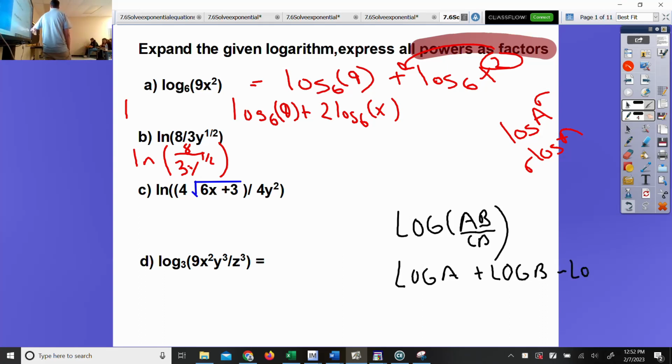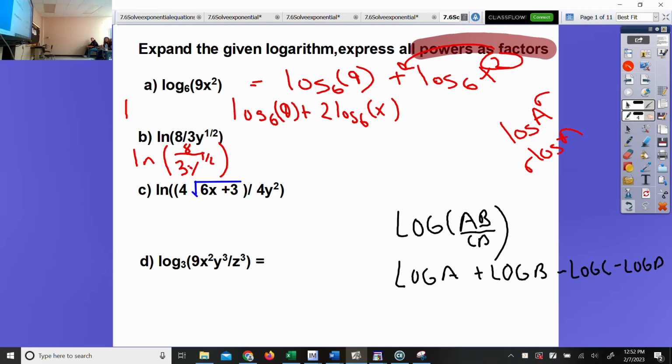Minus. That's the form. It's actually trying to tell you something too. In that form, A and B are in the numerator, so they add. And the bottom terms subtract.